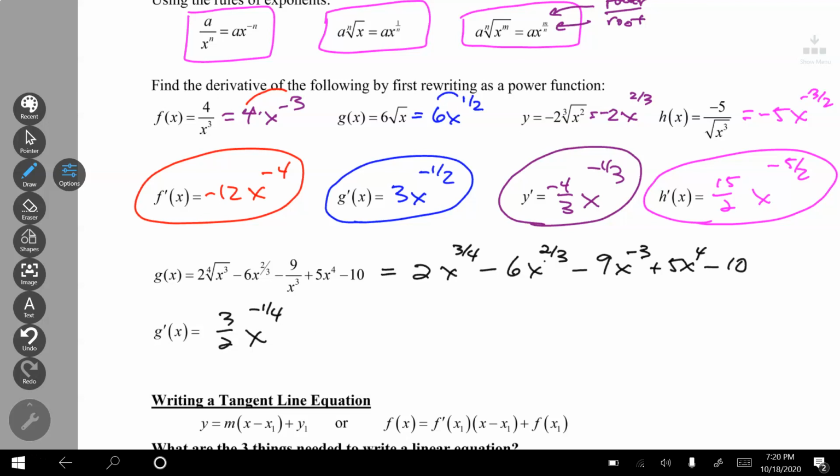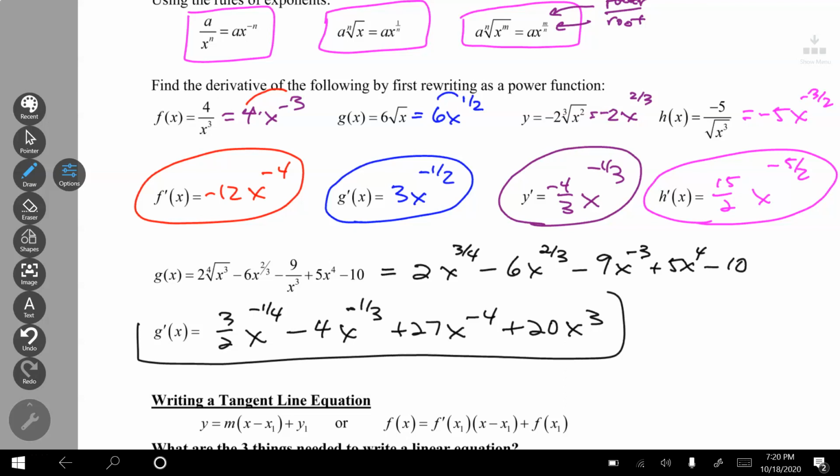And then I have negative 6 times 2/3, which is 4 x to the negative 1/3. Negative 9 times negative 3 is plus 27 x to the negative 4. 5 times 4 is plus 20 x to the 3rd, and negative 10 is a constant. Its derivative is 0. And this is what I get for g prime. Same rule as before, I'm just dealing with negative exponents and fractions.